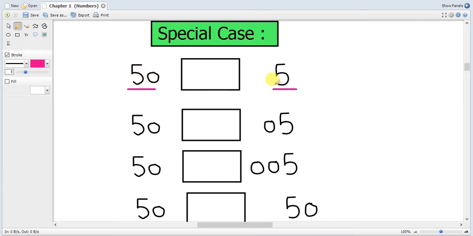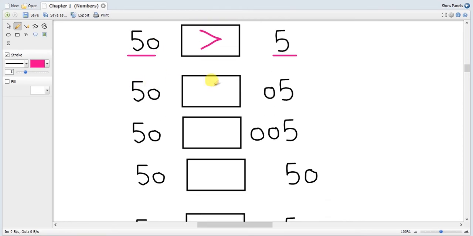We are already familiar with numbers from 1 to 100, so you should know this. 50 is the bigger number, 5 is the smaller number. The alligator always opens his mouth towards the bigger numbers. So 50, and over here we have 0, 5.